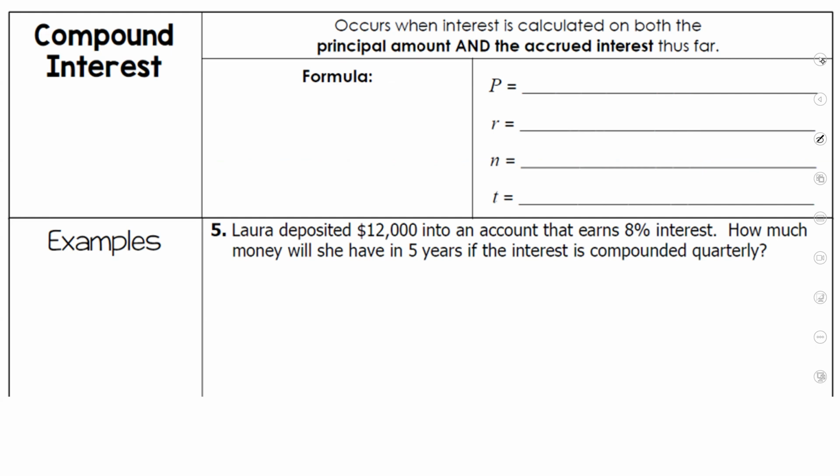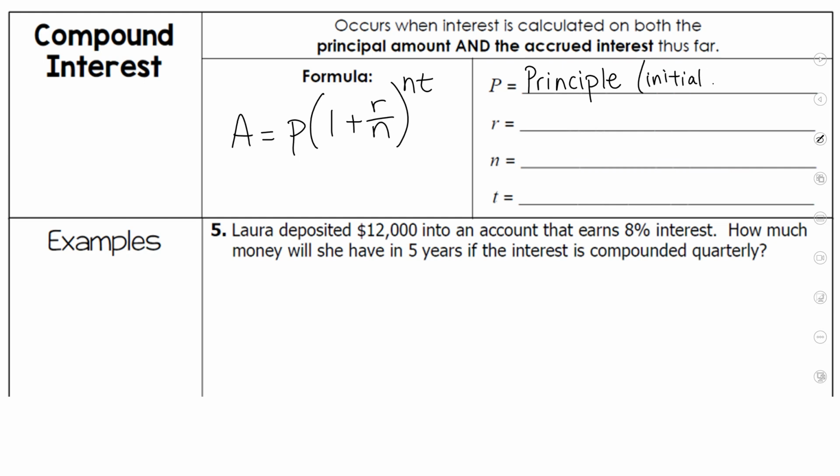Okay, so here's the formula for compound interest. And we have a lot of variables. P stands for the principal amount. And this is the initial amount. Same thing. Okay, R is still your rate. T is still time.